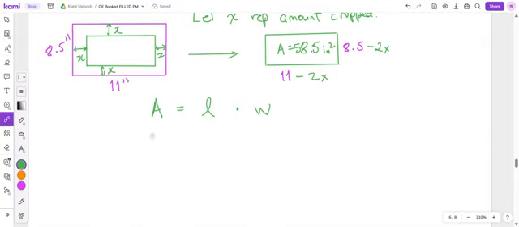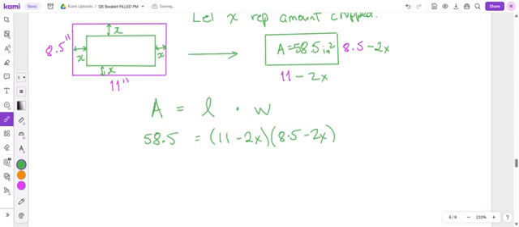Yeah, I do. It's 58.5. Do I know the length? Not completely, but I know it's being represented by 11 minus 2x. And do I know the height? Yeah, 8.5 minus 2x. So how do we solve this? What would I do next?